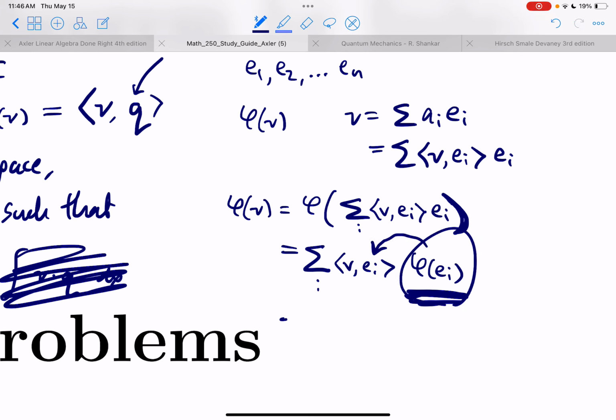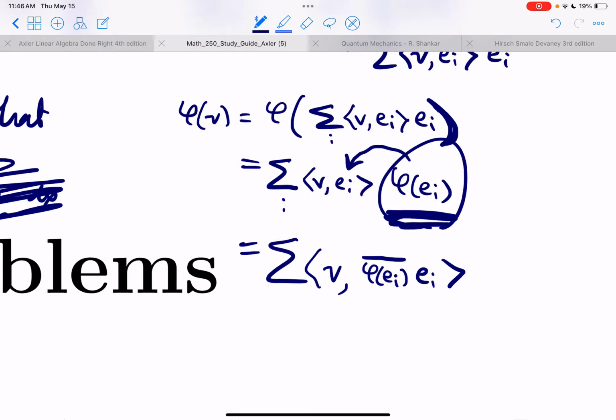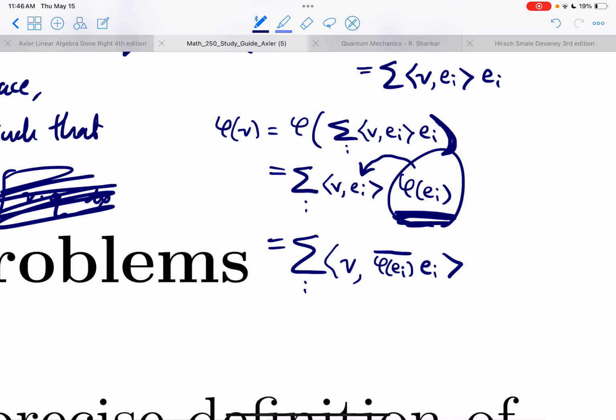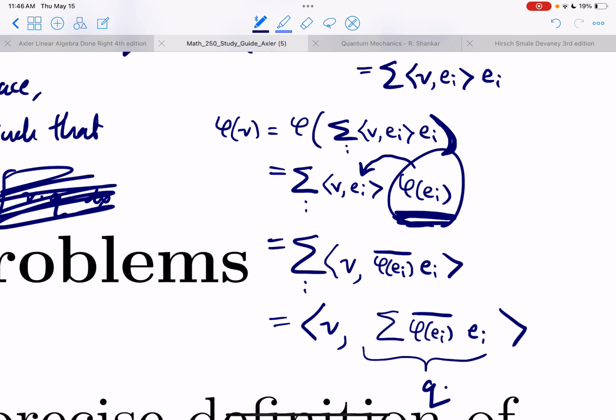But if I pull it inside there, I'm conjugate linear in the second slot, so I have to do phi of e_i conjugated, times e_i. And I'm additive in this slot, so I can pull the sum inside. So I've got v, and now a sum of the conjugate of phi of e_i times e_i. And this is my vector q.